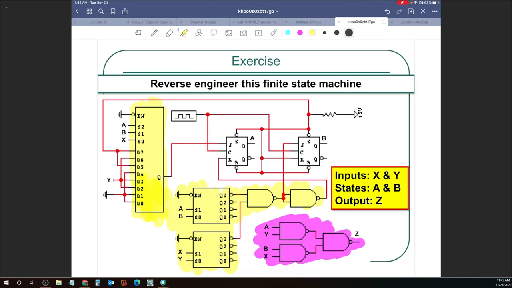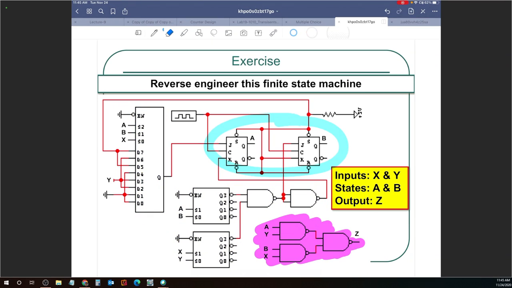The sequential parts right here, the JK flip-flop. So I hope you start recognizing the structure. All right, so it's going to become simple, Preston, in a hurry.